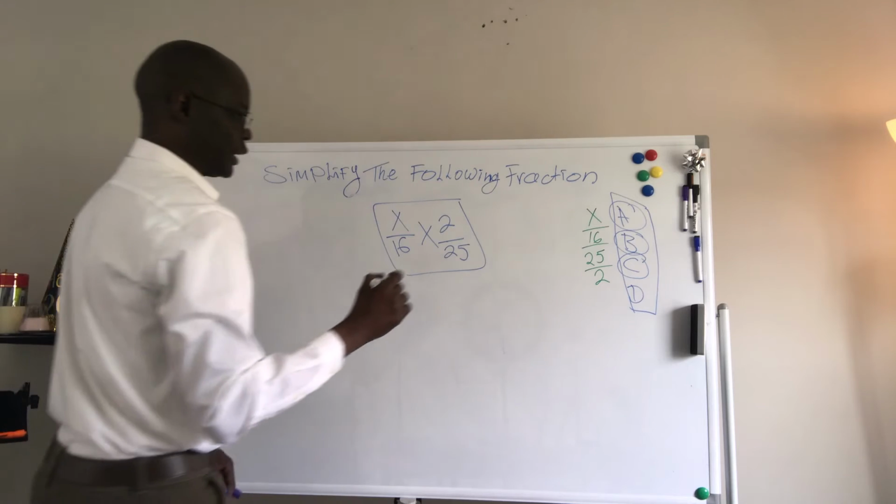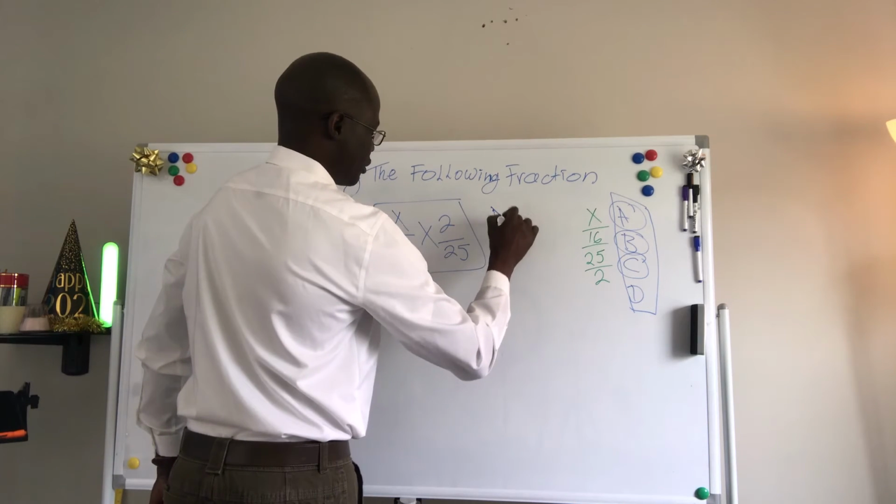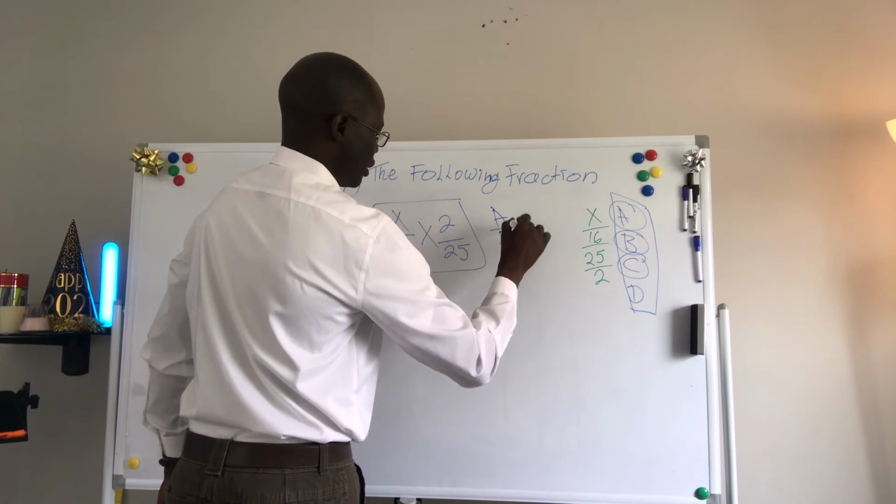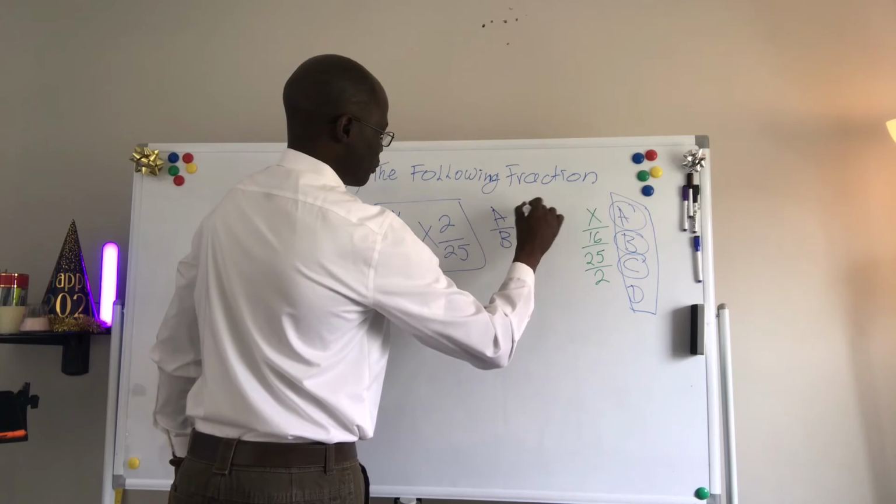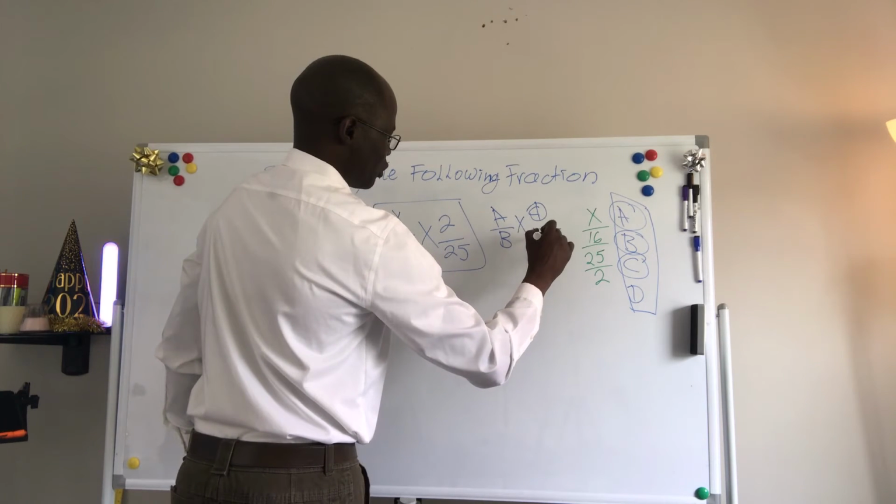Because like I said, what we've done is A divided by B times D, divided by what?